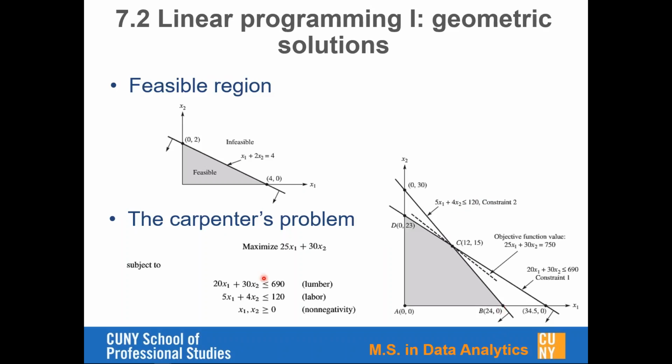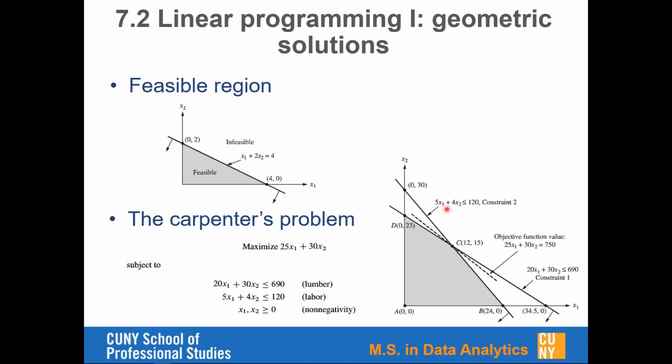When x1 is 0, x2 should be 120 divided by 4, which is 30, so the point (0, 30) is one of the points this line should pass through. The second point is when x2 is 0, x1 should be 120 divided by 5, which is 24. So this whole line is the function 5x1 plus 4x2 equals 120.